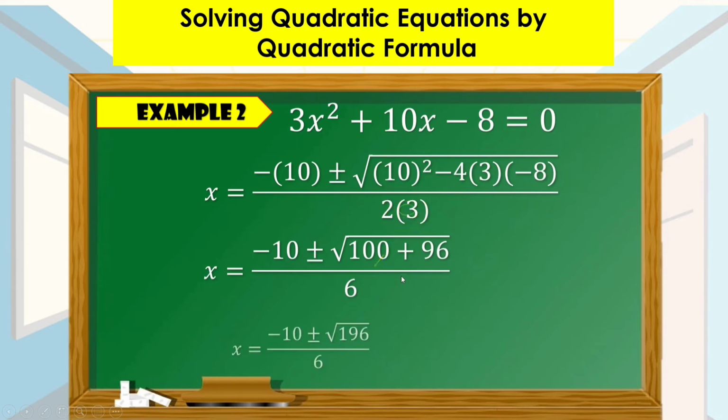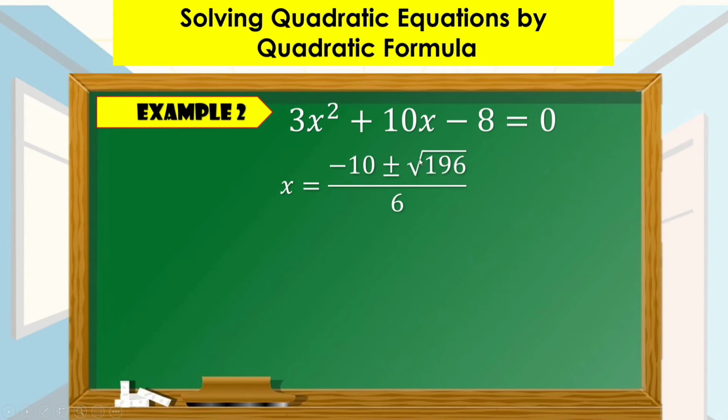Let us simplify 100 plus 96. We have x is equal to negative 10 plus or minus the square root of 196 all over 6. And then get the square root of 196. The answer will be x is equal to negative 10 plus or minus 14 all over 6.